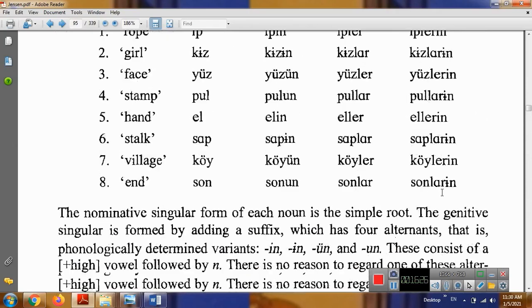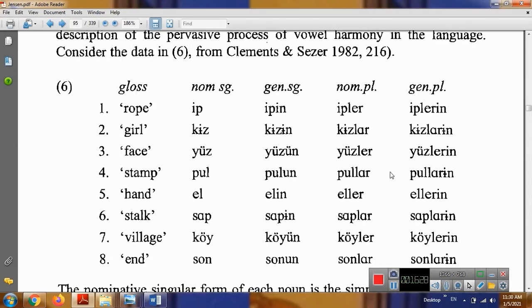But when we have other vowels like e, u, a, and o, we choose the lar form of the suffix.